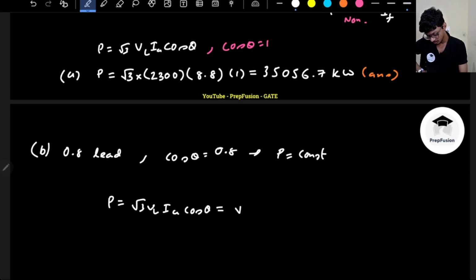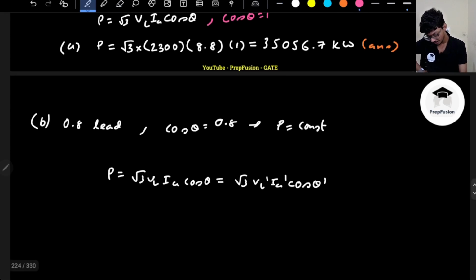This will equal root 3 into VL dash into IA dash into cos theta dash. So automatically root 3 will get cancelled, and VL dash is constant.